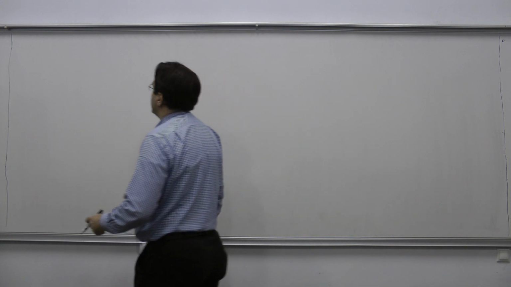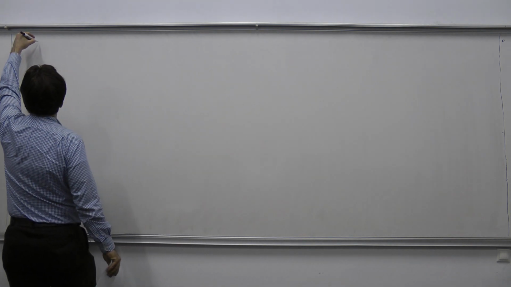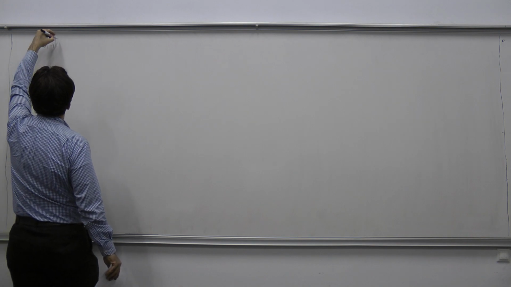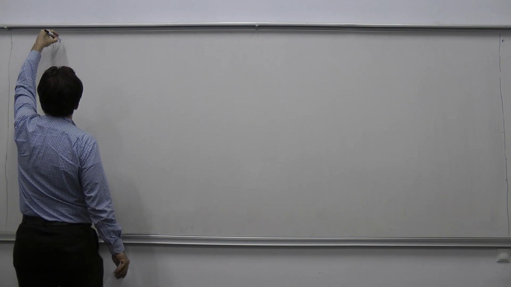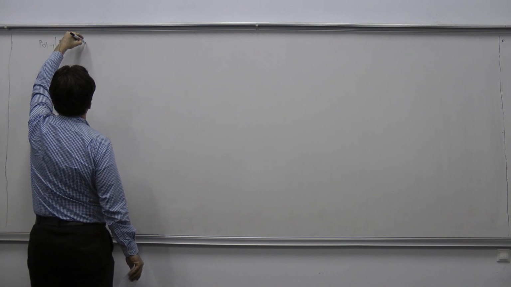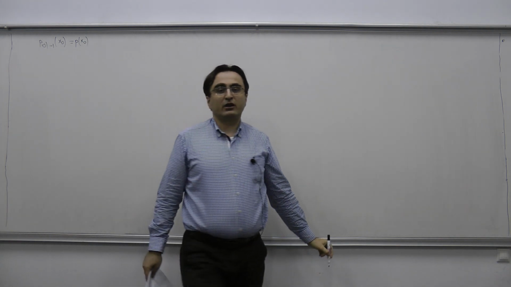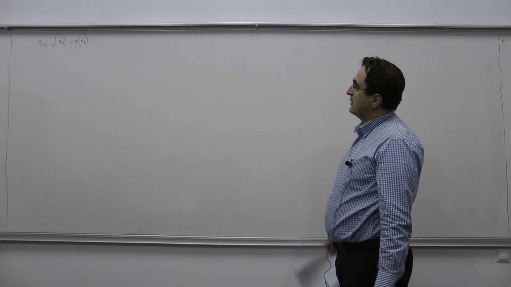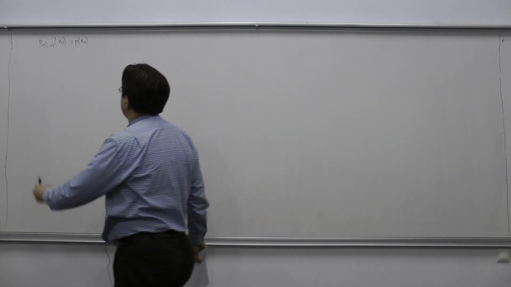Let me first review our Bayesian recursion. So we have P0 given minus 1. This is my initial predictive distribution, and that is going to be equal to P of x0. This is the initialization of our Bayesian recursion. And then we have a measurement update.